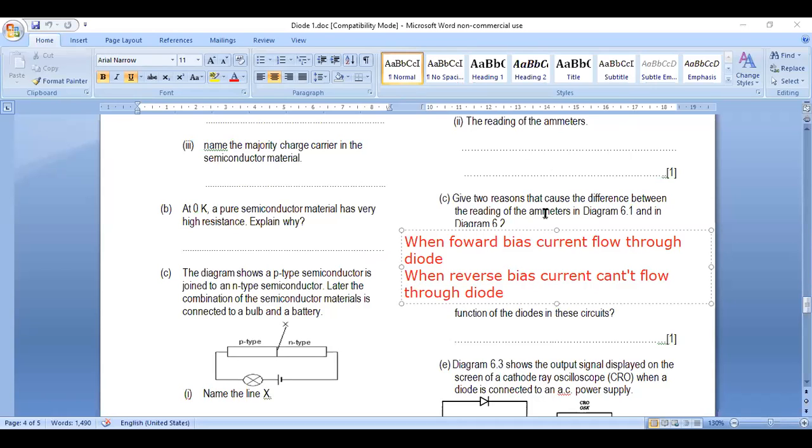So when reverse bias, no current flows through the diode.